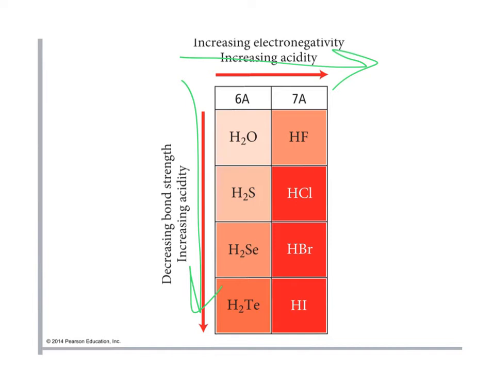Okay, and so too big an electronegativity. Down here, electronegativity is still high, but this decrease in bond strength between H and I then leads to increasing acidity.